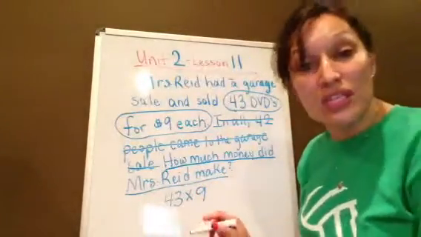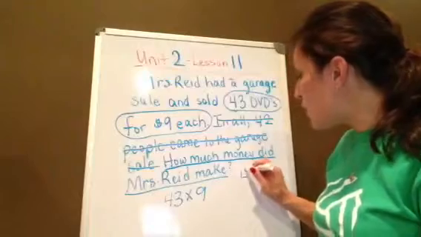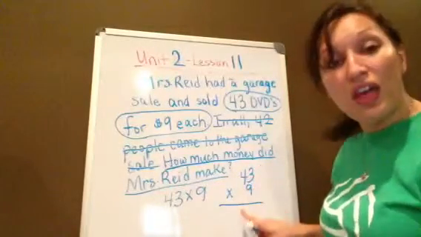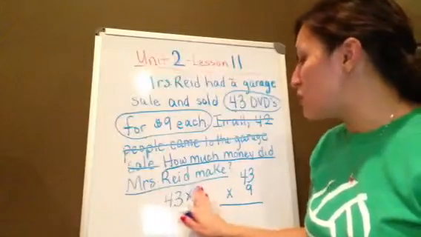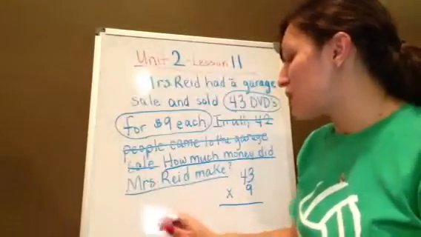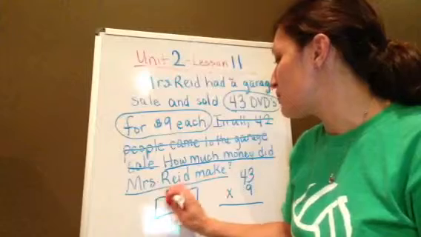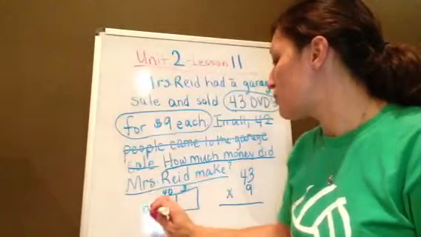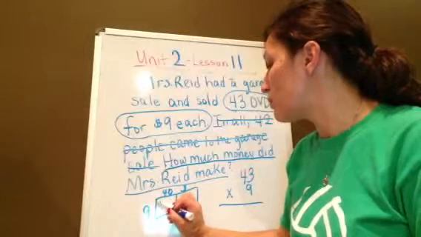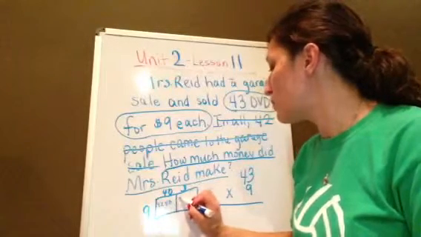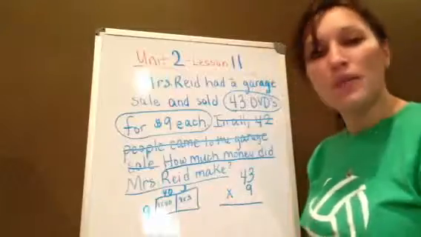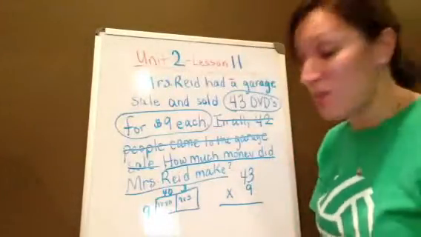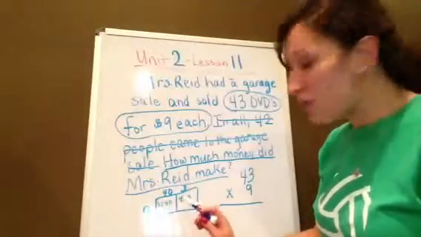So we can do this using the traditional multiplication model, like this, or we can do it using the box model, the box method that looks like this. Okay? Either way we can solve our problem, either one of these ways, and we should get the same answer. So let's try the box method first.